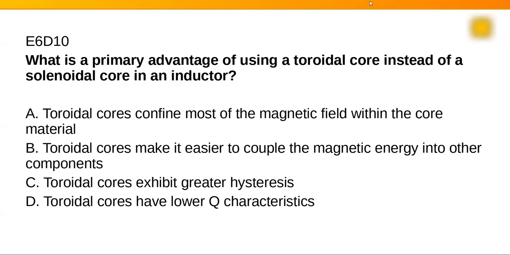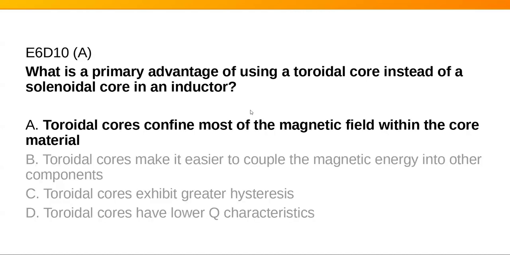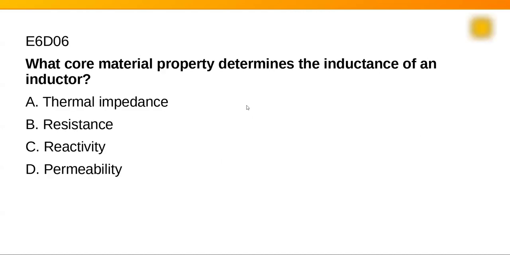Okay, so what's the primary advantage of using a toroidal core instead of a solenoid in an inductor? Sounds good. What core material property determines the inductance of an inductor?